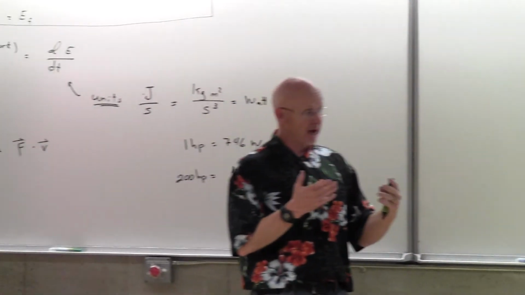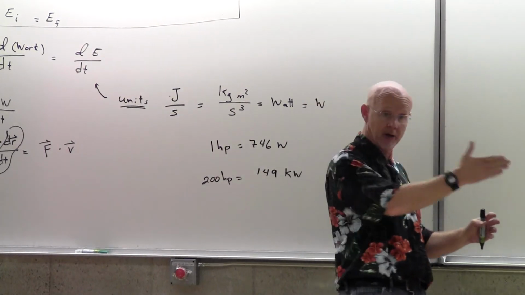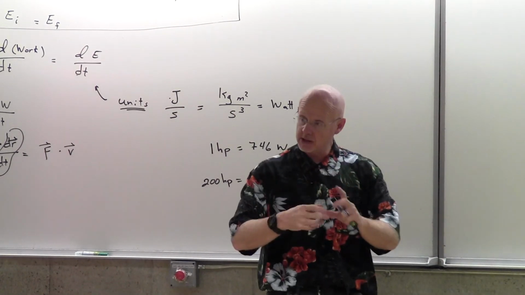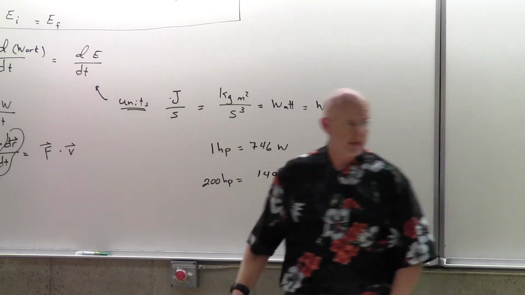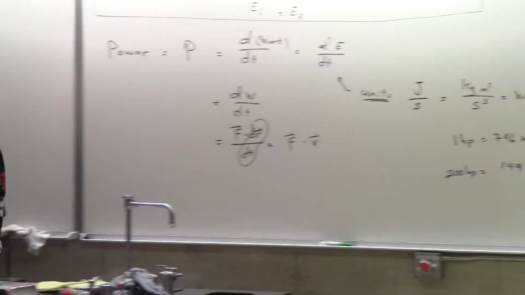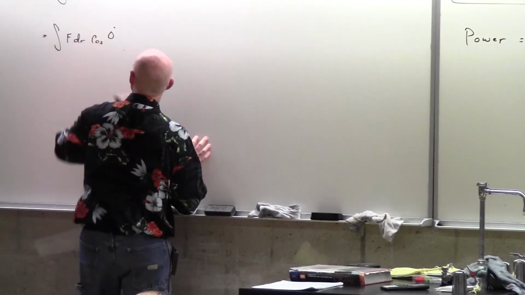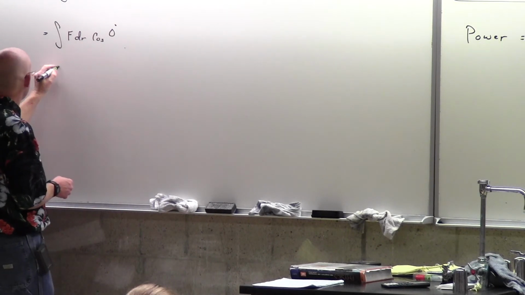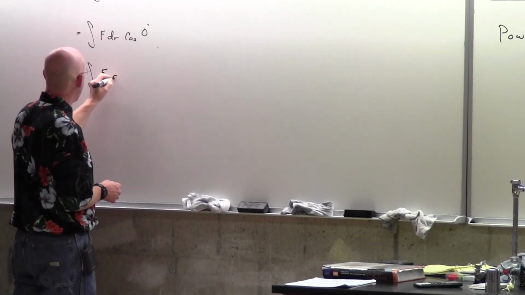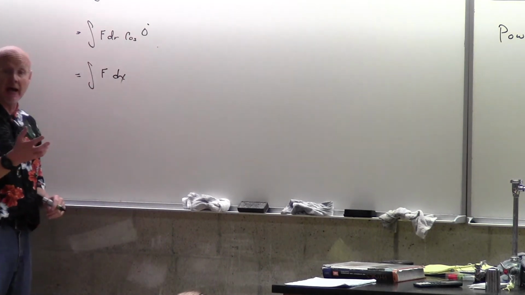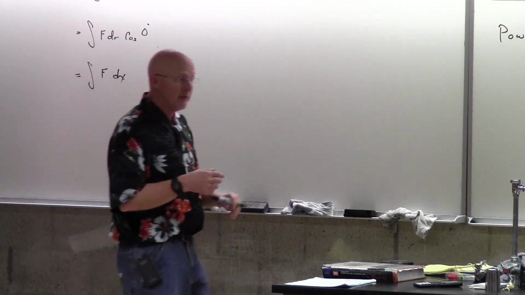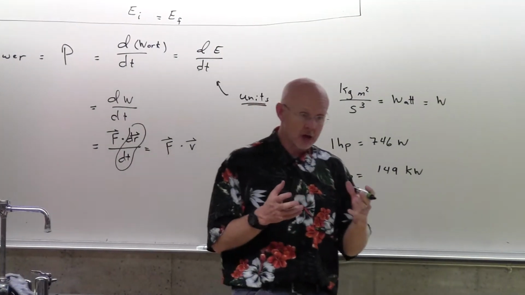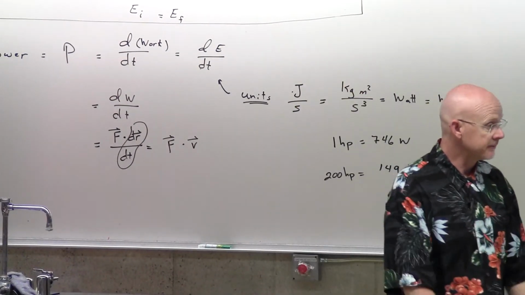I think it's fair to say that the bullet moves along the barrel, and that the gases are pushing it along the barrel. And so that's why I would say the dot product is probably the easiest step. Then I would have force, and I would even replace dr with dx. It's very clear that it's moving along the barrel, and I'm going to call the direction of the barrel x.